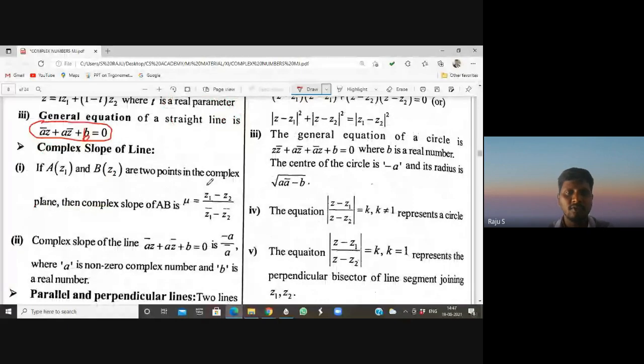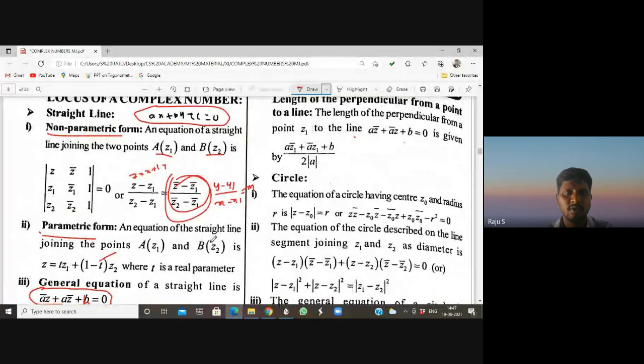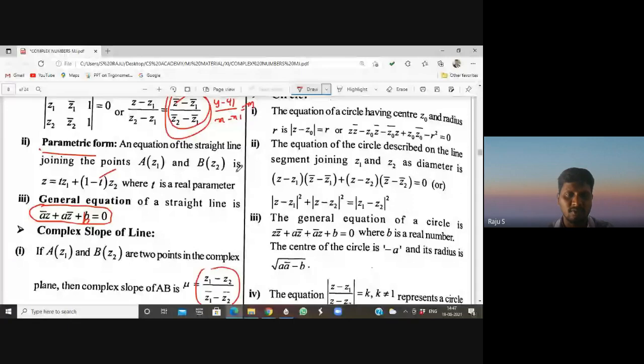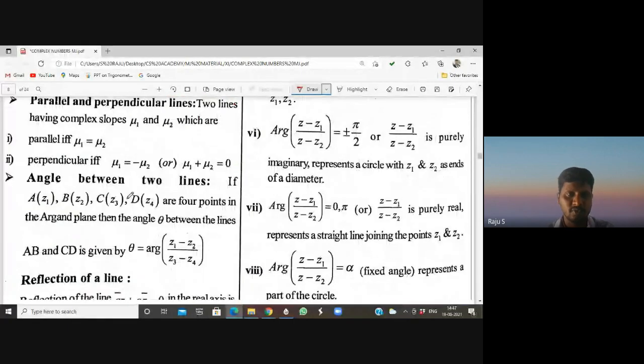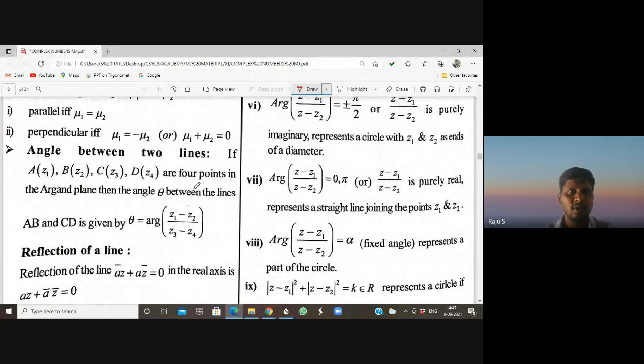Slope, whatever you have taken, this is the slope, in the form of y2 minus y1 by x2 minus x1. The angle between lines means theta is the argument. When they give two lines, they actually give four points, because how to find a line?